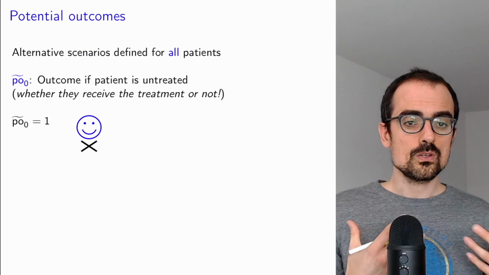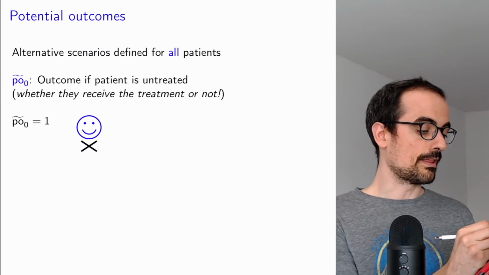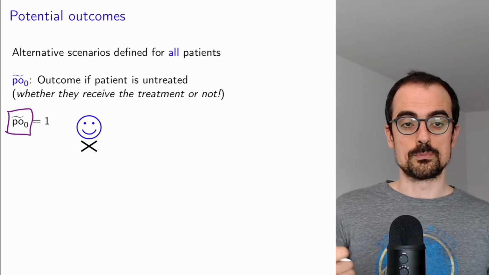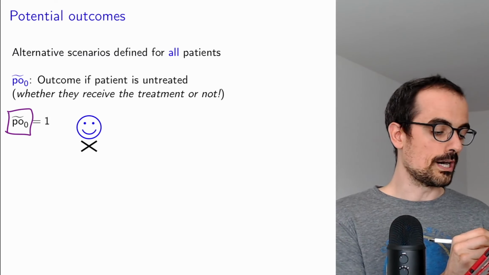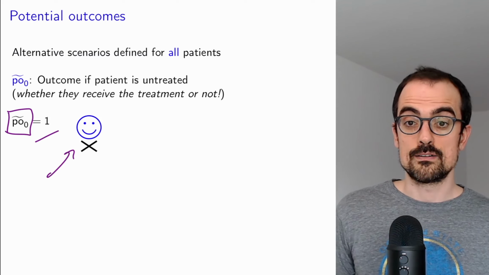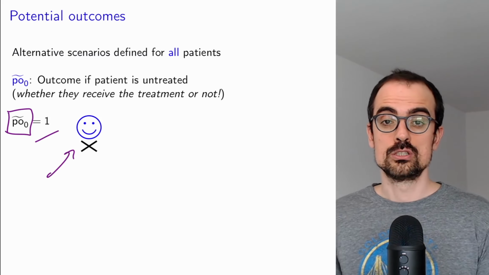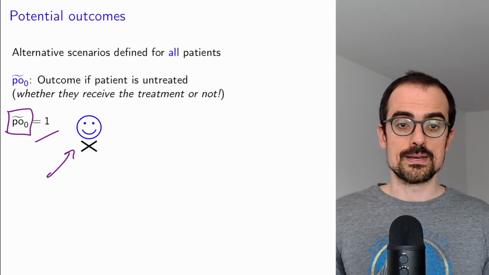So here we're going to indicate by PO0 a random variable that corresponds to the potential outcome of not receiving the treatment. PO0 being equal to 1 means that a patient would have recovered if they had not received the medicine, and this is regardless whether they received the medicine or not.